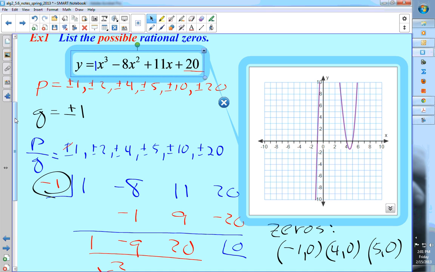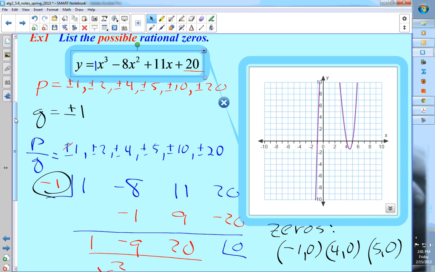Degree, P, Q, P over Q, and then synthetic division. So what you did was you divided to like that list, right? You take your P's, write them over all the Q's, and that's the list of P over Q's. It'll be making more sense when we have a better list of Q's.